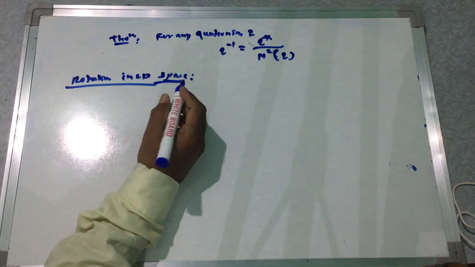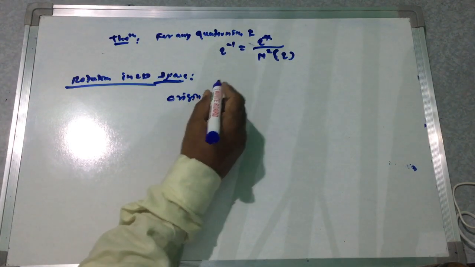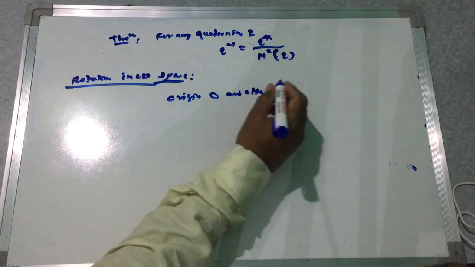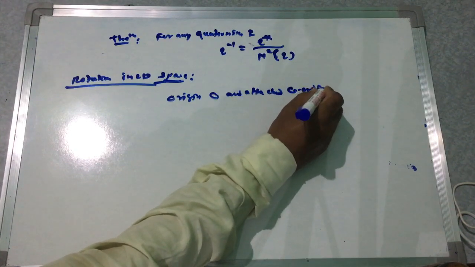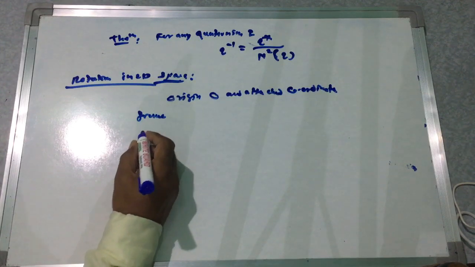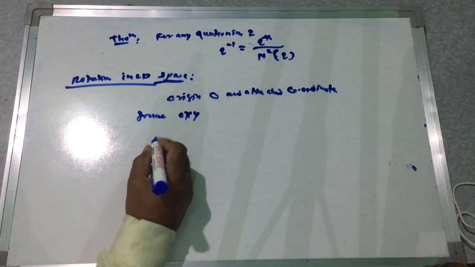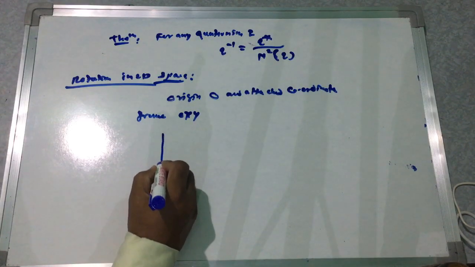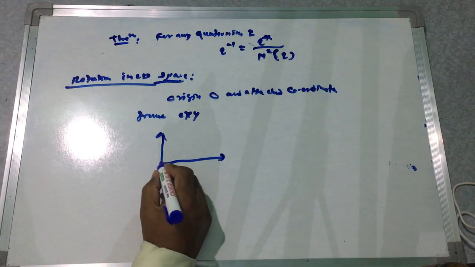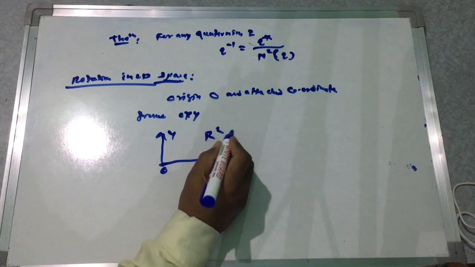We call this point the origin O, and attach the coordinate frame OXY. So this is the origin O, X and Y. So this is R square.